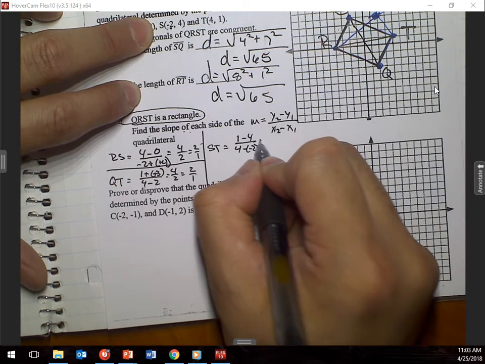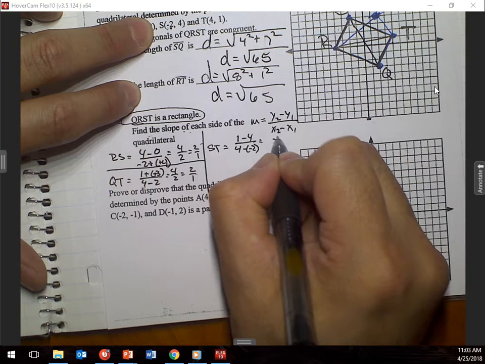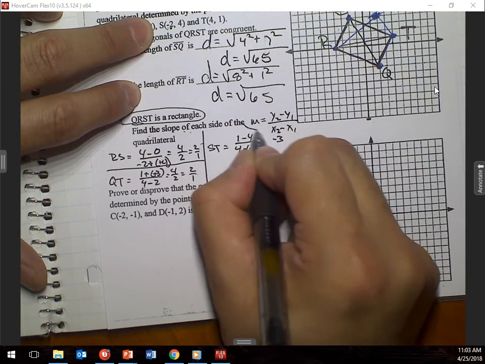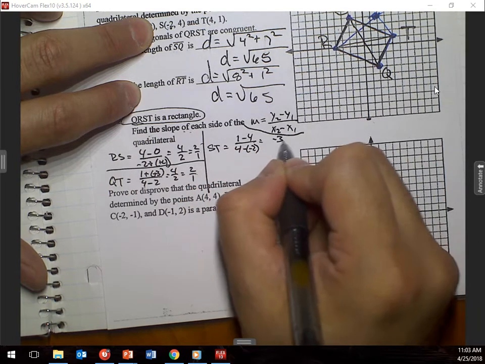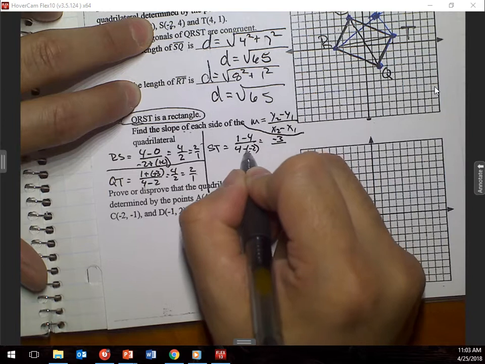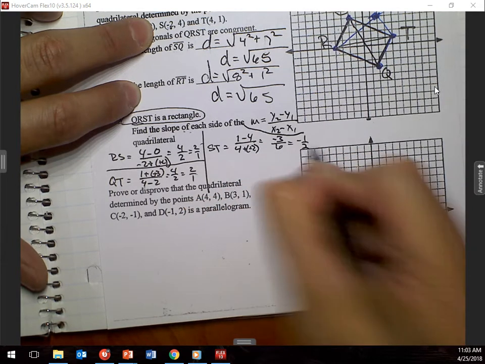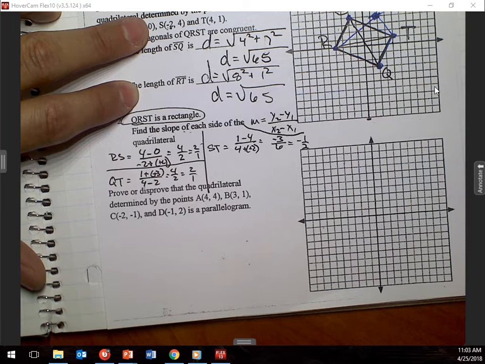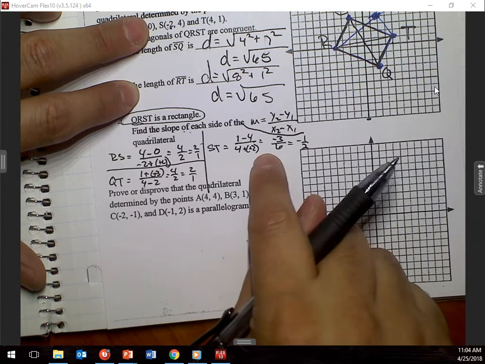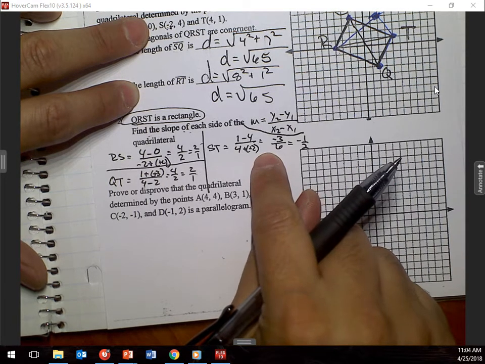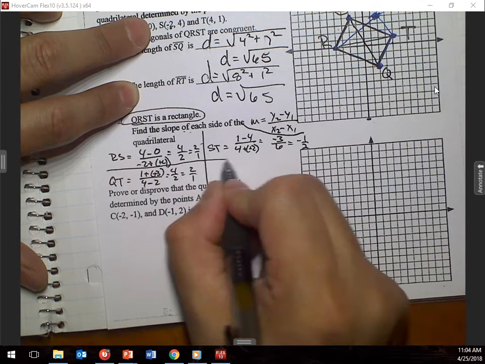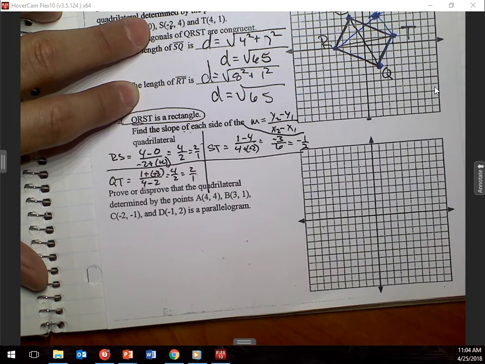That's going to give me -3 over plus 6, -1/2. Okay? Did I lose anyone on the math? No. So there's ST, and what's the last one I have to do?